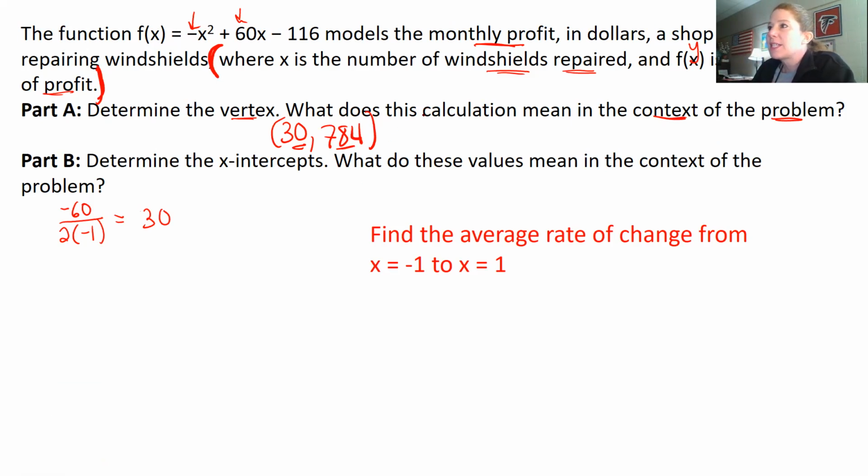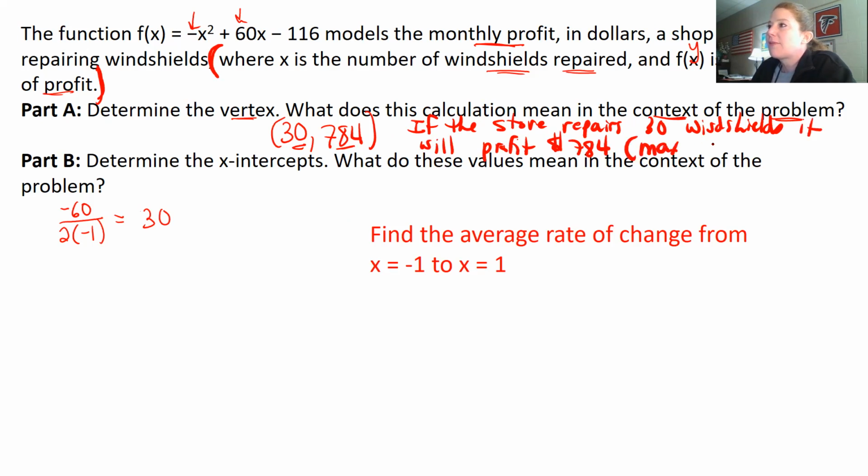So on average in 1 month, if the store repairs 30 windshields, it will profit $784. And in parentheses, I'm going to write the maximum.